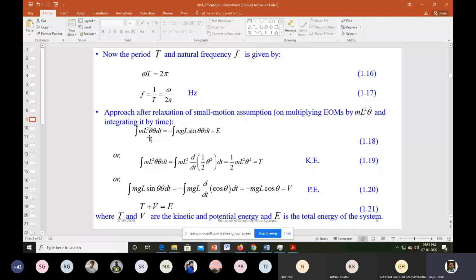On the left side, I brought the other term to the right side, mgl. Because g by l was there, the l square got reduced to l. So I have integrated all this, and because I have integrated, a constant term I am adding here.